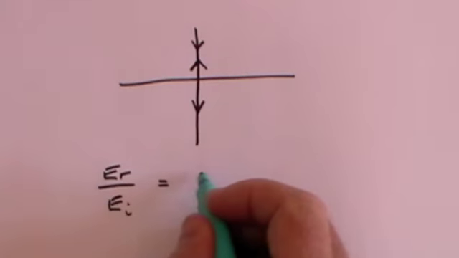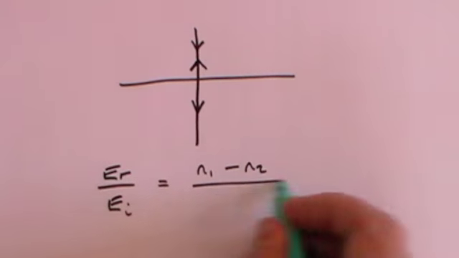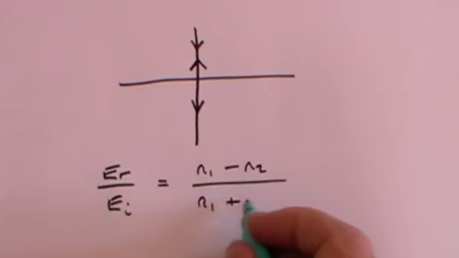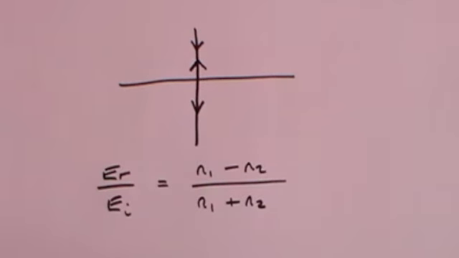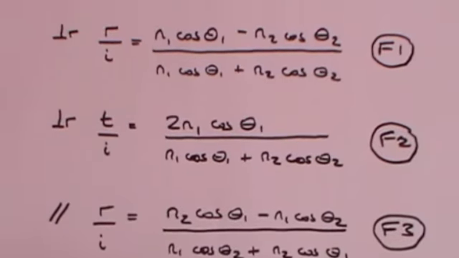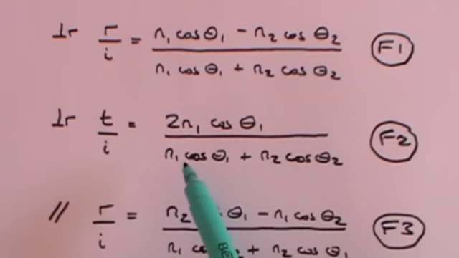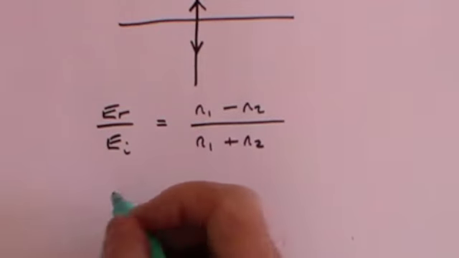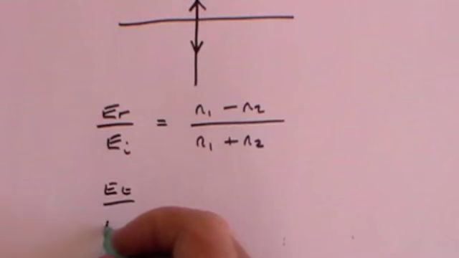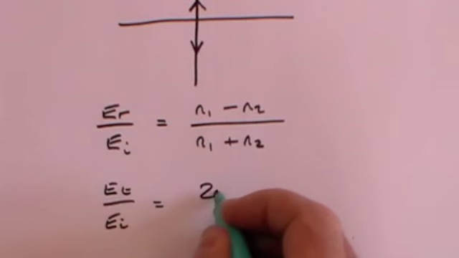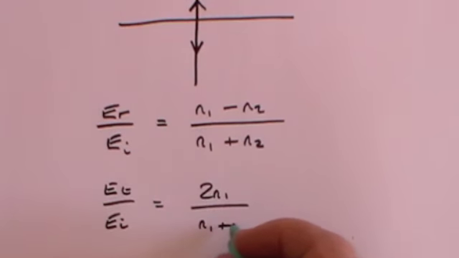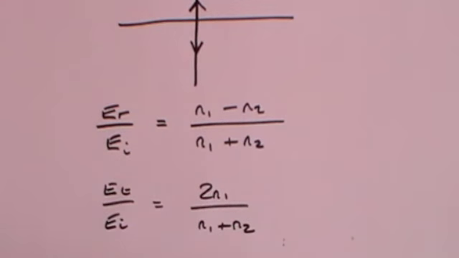So this is equal to n1 minus n2 divided by n1 plus n2. What about the transmitted? Well, that's going to be 2n1, because this is 1, divided by n1 plus n2. So ET divided by EI is going to be 2n1 divided by n1 plus n2.